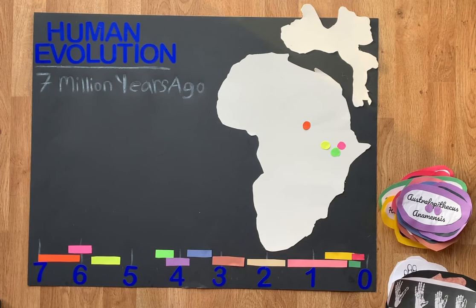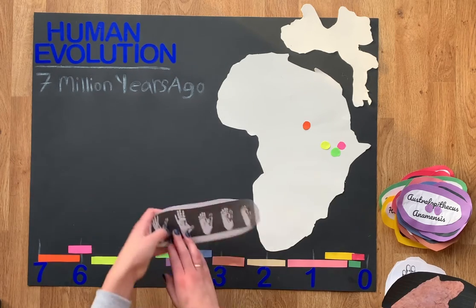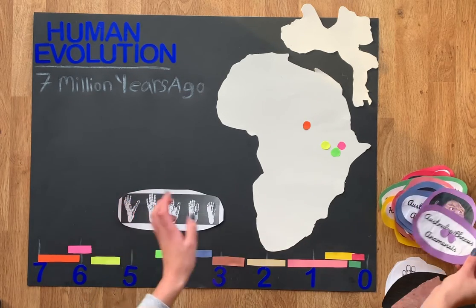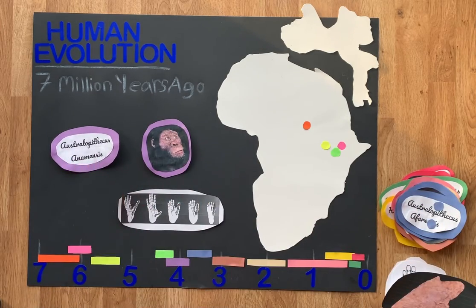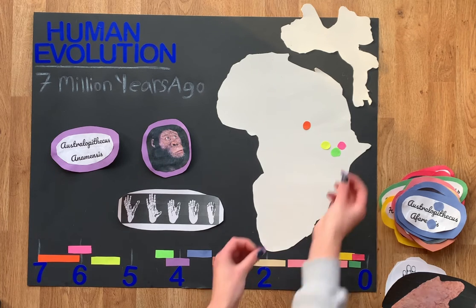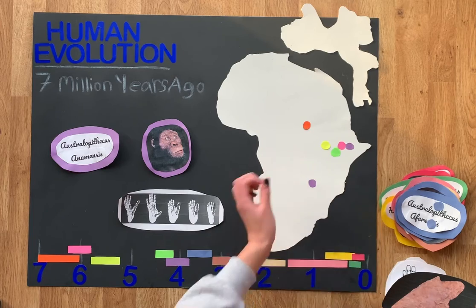But around 4 million years ago, the grasping of the feet were lost. So these species were known as the Australopithecus anamensis, and they ranged from over here.